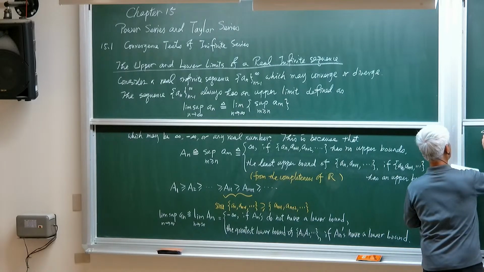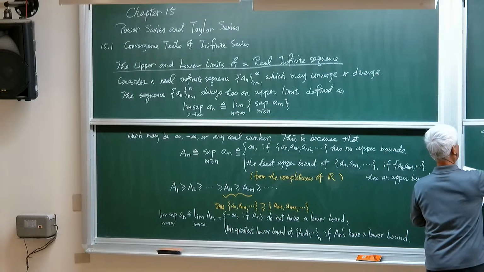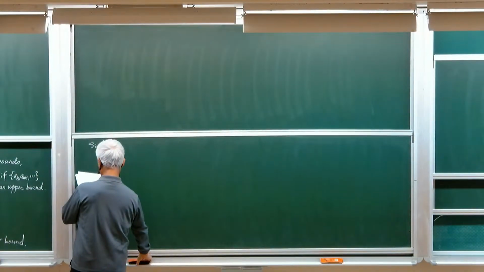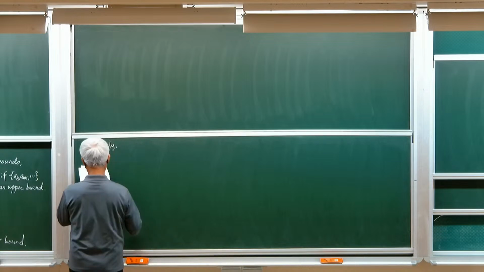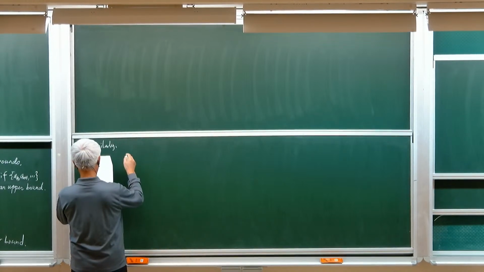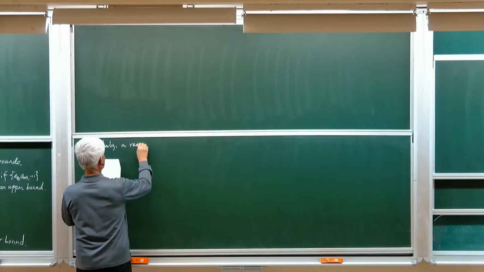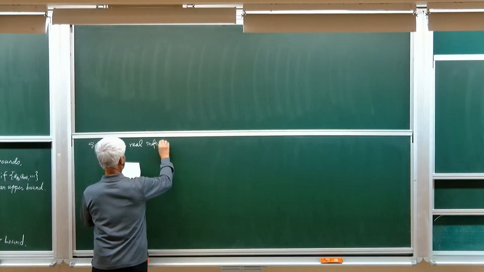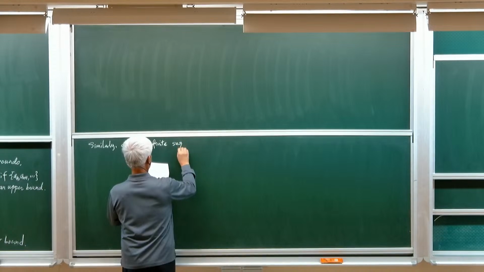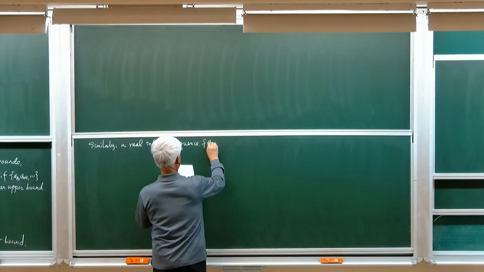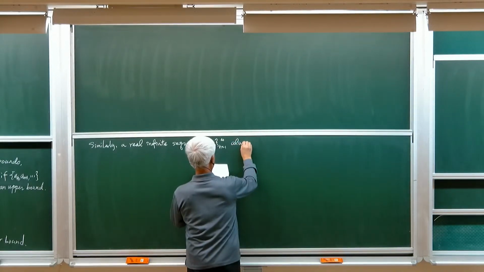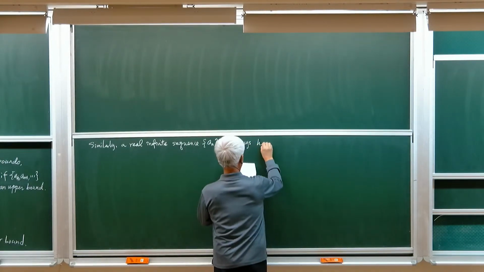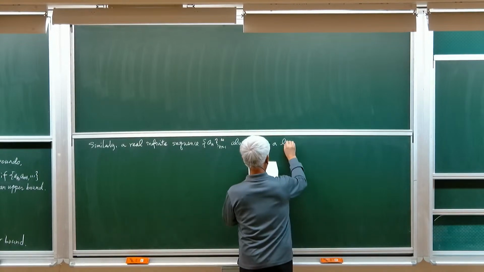All right, so similarly, a real infinite sequence a_n, from 1 to infinity, always has a lower limit.